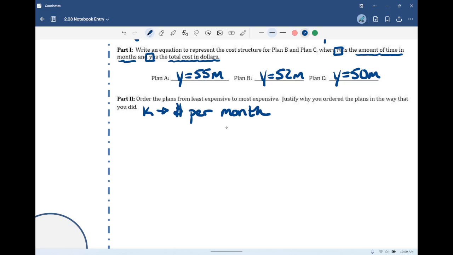Okay, well, if those are the dollars per month, what's the least expensive plan? Tyrell. Plan C. How'd you know that? The lowest number. What's the next least expensive plan? Plan B. What's the most expensive plan?